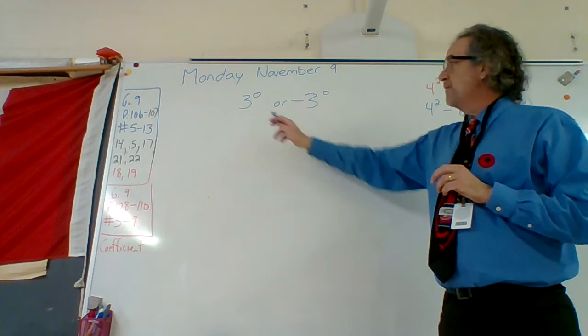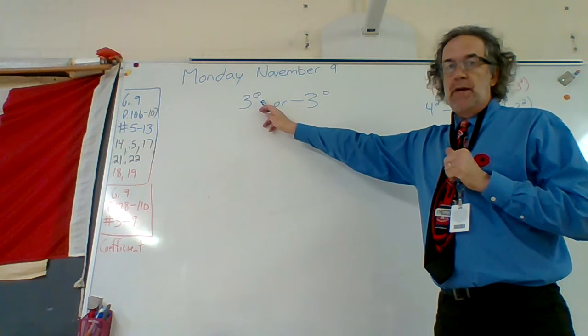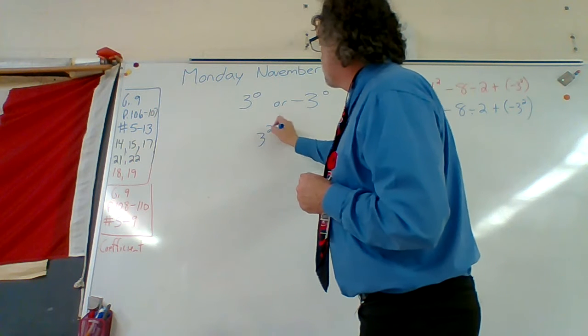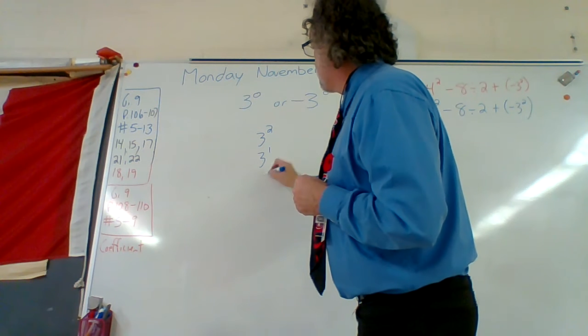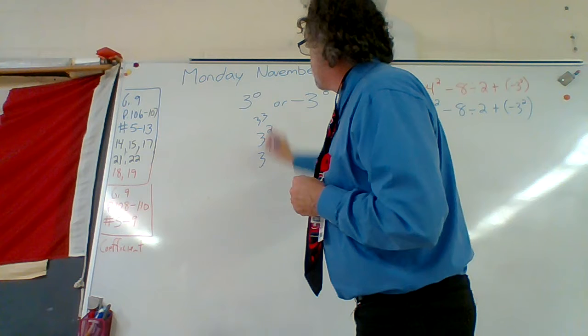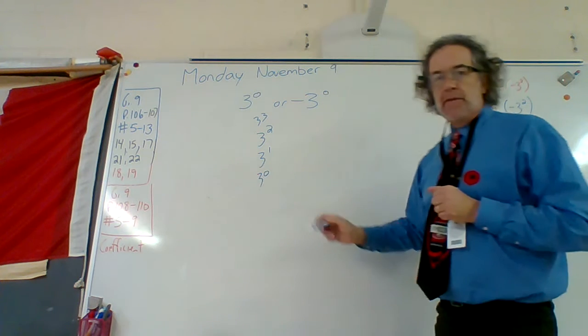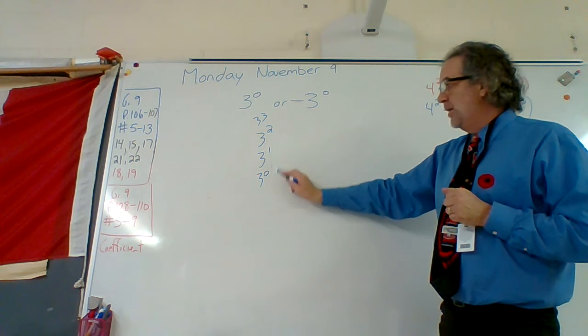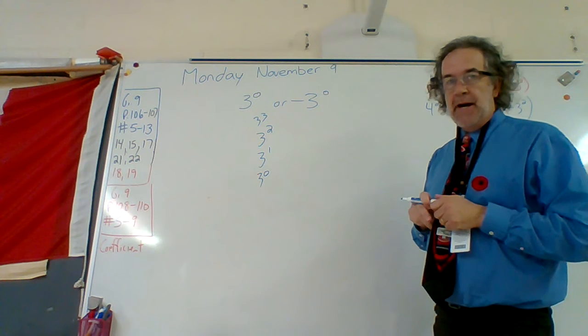So first off, 3 to the exponent 0, and there's a couple of steps I'll show you before. If we think through each one of these, 3 to the exponent 3, 2, 1, and 0, you'll quickly see the pattern.